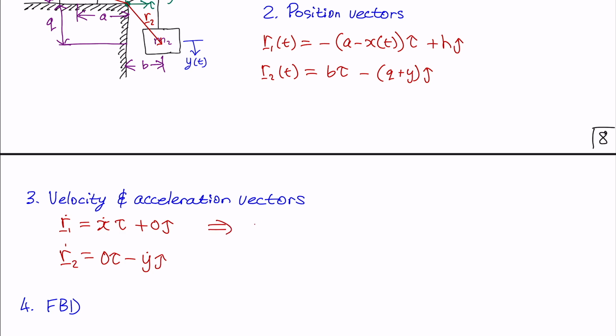And then we can compute the acceleration vectors. We'll get r1 double dot is equal to x double dot I plus 0 in the j direction. For r2 double dot, we're going to get 0I minus y double dot j.